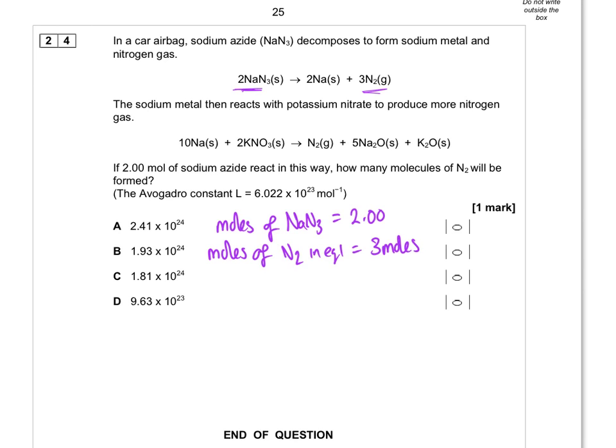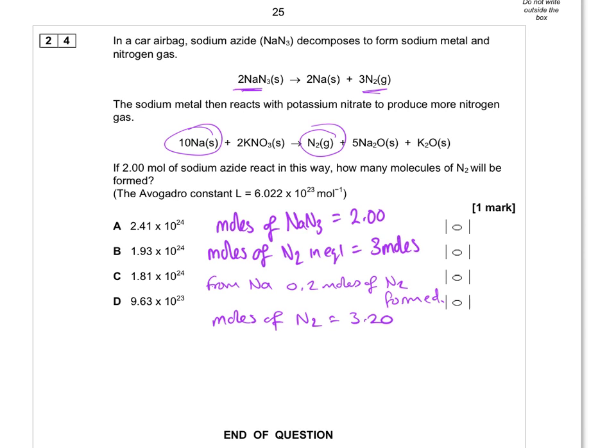We also know that for every 10 moles of sodium we've got, it will go on to form 1 more of these. Well, we've got 2 over here, so it'd be 2 divided by 10. So in total, the moles of N2 is equal to 3.20.